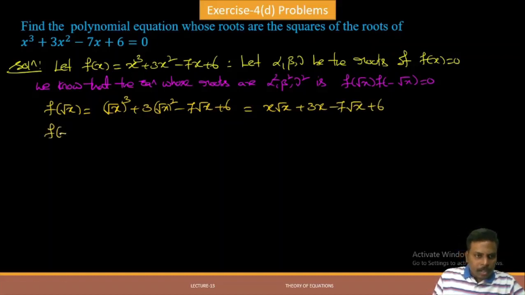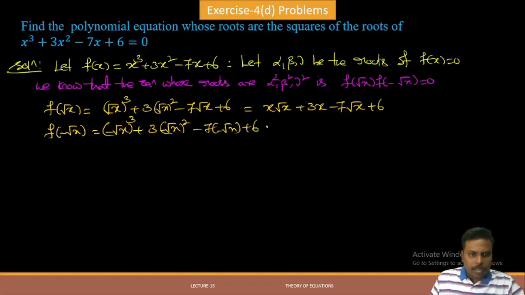So let us compute now f of minus root x. It is minus root x whole cube plus 3 into minus root x whole square minus 7 into minus root x plus 6, that is equal to minus x root x plus 3x plus 7 into root x plus 6.